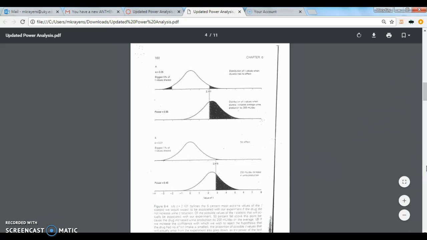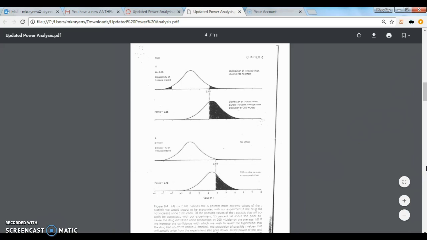We contrast this to the other situation where, let's say we decide that we want our type 1 error rate to be smaller than 0.05, so we decrease it to 0.01. This puts 1% of the possible observed t-values in the two tails of the distribution. So under the null hypothesis, you have a higher critical value for t.